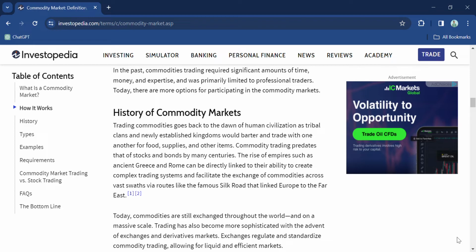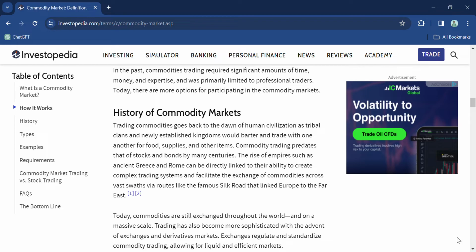The rise of empires such as ancient Greece and Rome can be directly linked to their ability to create complex trading systems and facilitate the exchange of commodities across vast swaths via routes like the famous Silk Road that linked Europe to the Far East.